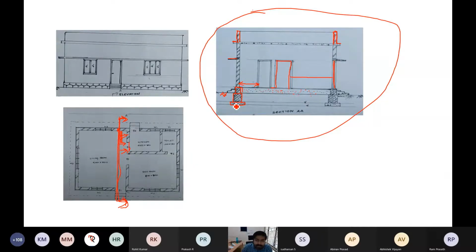Similarly here also it is cement concrete, that's why we represent it this way. This foundation is cement concrete. Here you can see it is not hatched. Here we are not making any dots. Why are we not showing any dots here? Anybody can say?